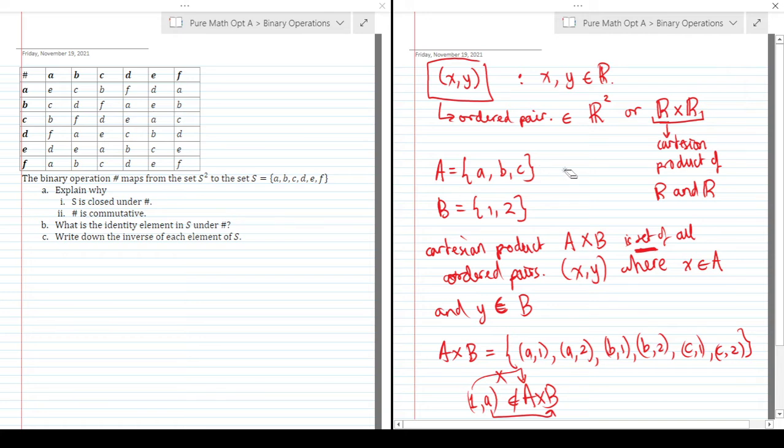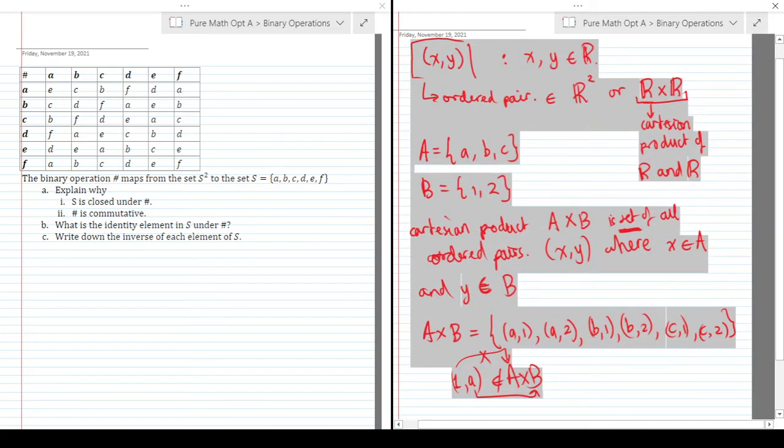I showed you in the previous class how you should read a multiplication table. So let's say I want to do A hashtag B. I take the A from here, and I take the B from there, and I get C. The first letter is taken from the first column, and the second letter is taken from the top row.